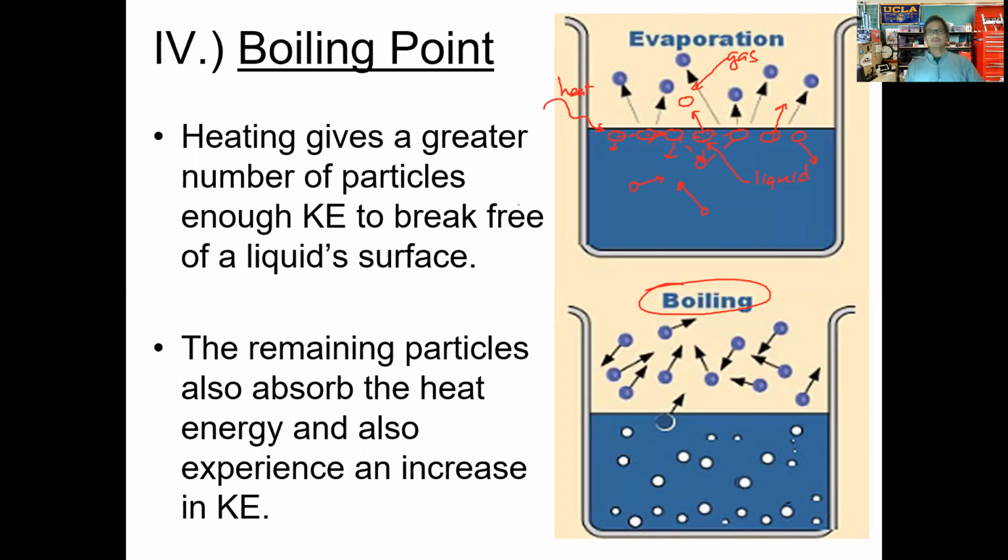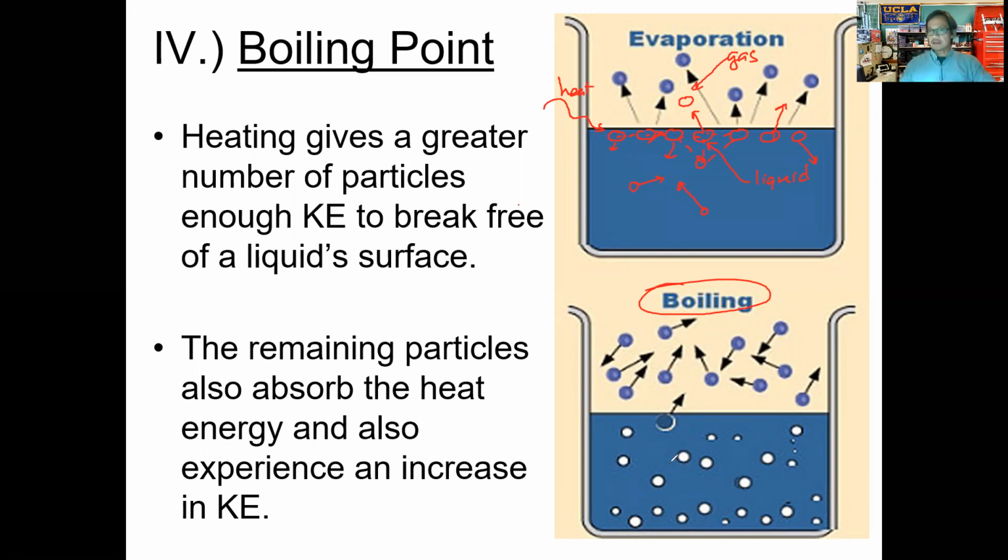Make sure you understand that as the liquid particles absorb the energy, all the particles start to gain more kinetic energy. As you heat up the liquid more, remember the average kinetic energy of all the particles shifts towards higher and higher kinetic energies.